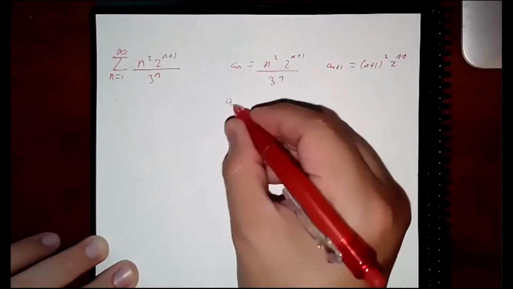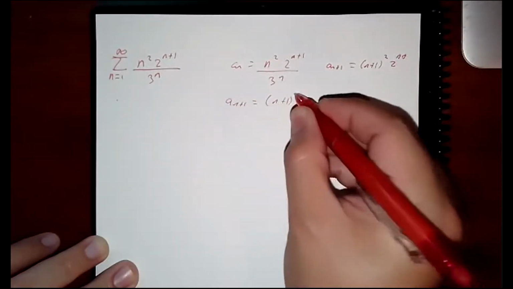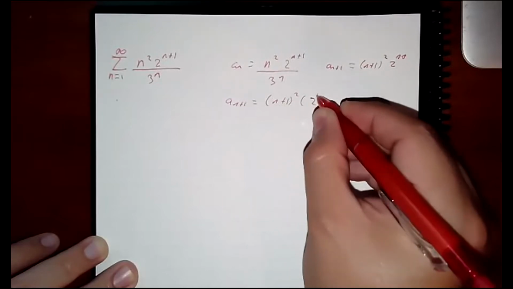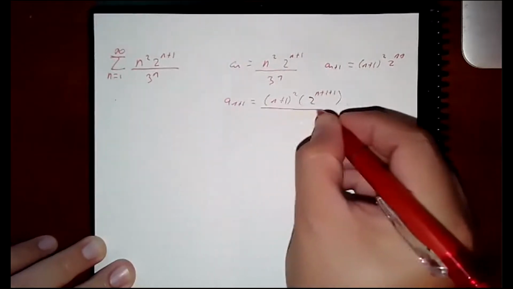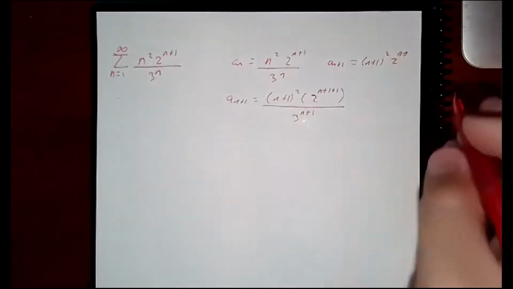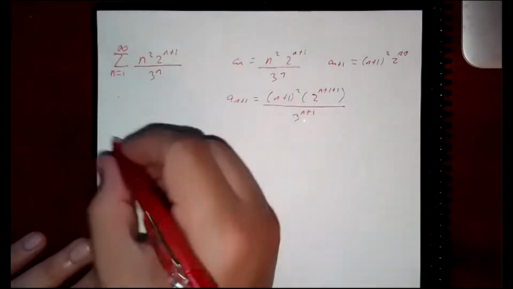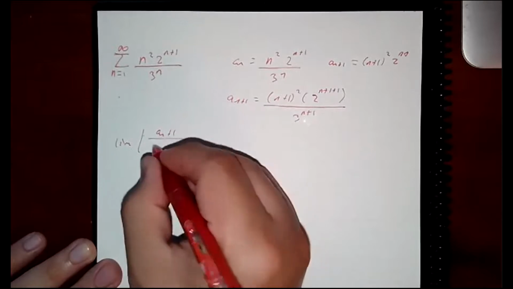Let me just write it down here because I don't have space. (n+1) squared times 2^(n+1) over 3^(n+1), which will simplify when we start doing the limit. So let's find out what the limit of a_(n+1) is doing.